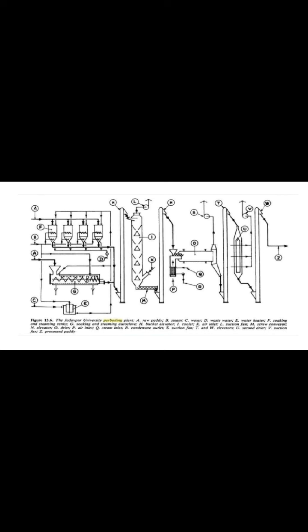O stands for dryer, P stands for air inlet, Q stands for steam inlet, R stands for condensate outlet, A stands for suction fan, T and W stand for elevators, U stands for second dryer, V stands for suction fan, and Z stands for processed paddy. Meaning the parboiled paddy is obtained at the Z point.